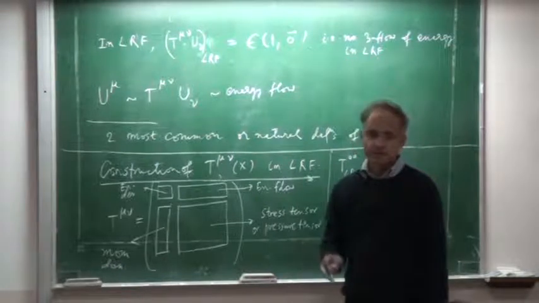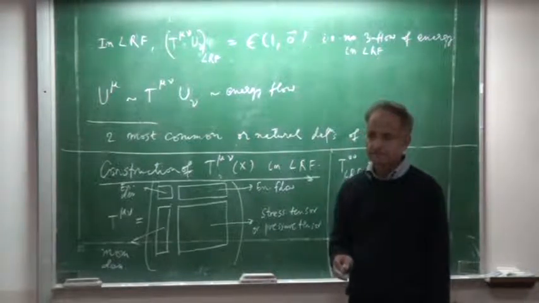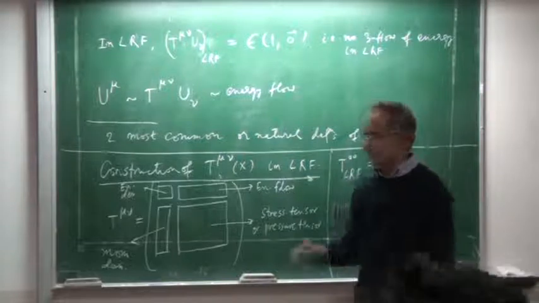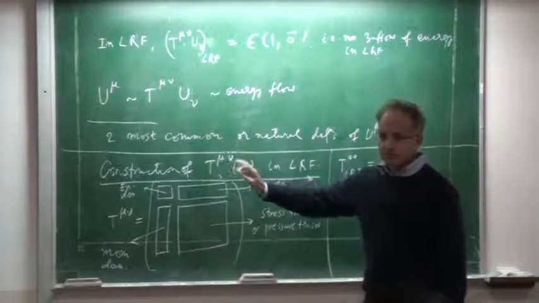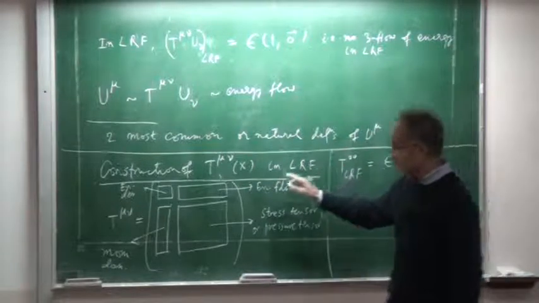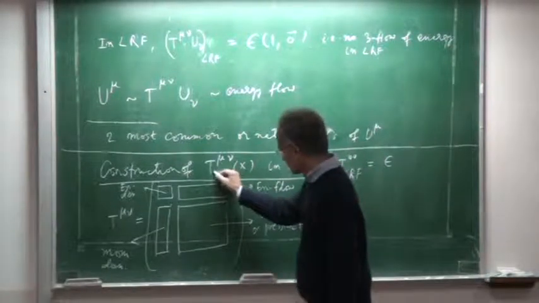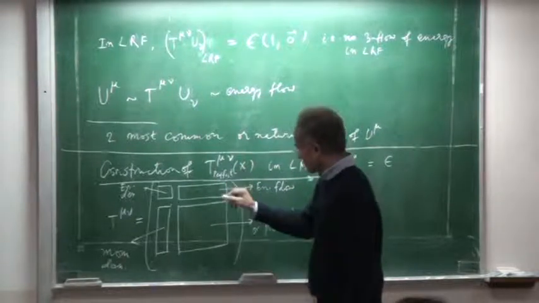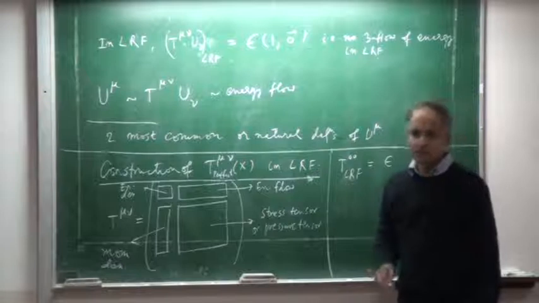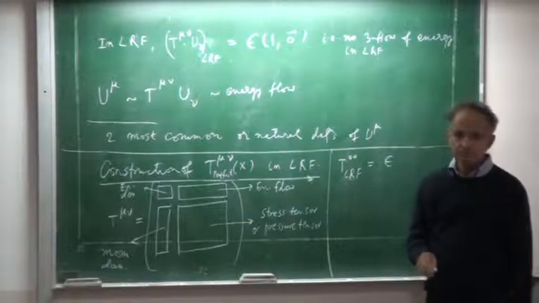What was Weinberg's definition of local rest frame or perfect fluid? Okay, we are doing all this for a perfect fluid, right? We have not yet gone to imperfect fluid. So we are constructing T mu nu for a perfect fluid. What was Weinberg's definition of a perfect fluid? Moving frame.